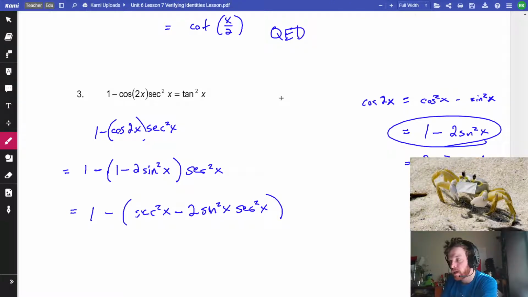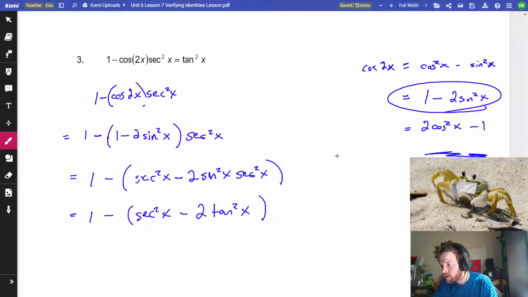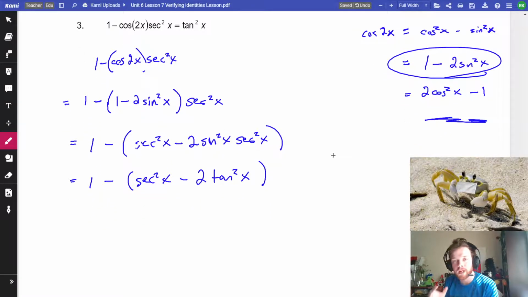2 sine squared secant squared, that is going to be 1 minus secant squared x minus 2 tangent squared x. We established before sine times secant is tangent. Sine squared times secant squared is tangent squared x. We need this to become a tangent squared, and we currently have 2 tangent squareds.